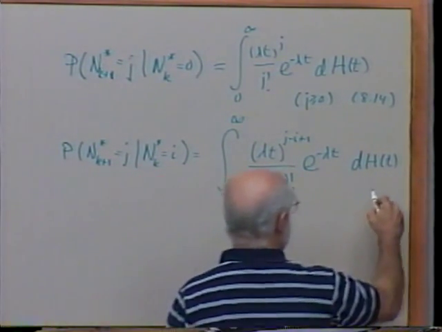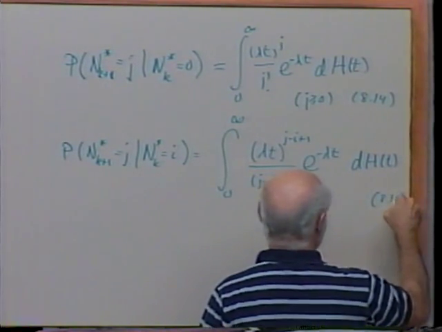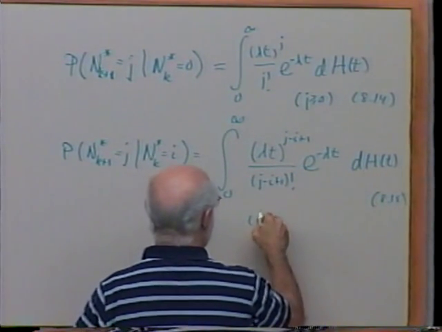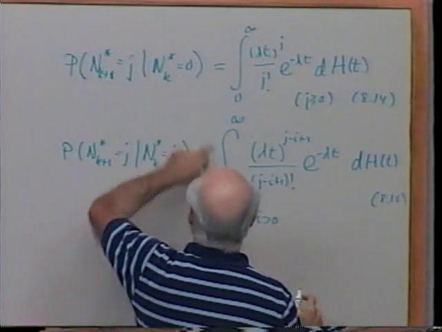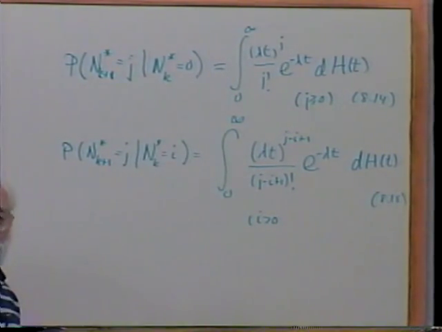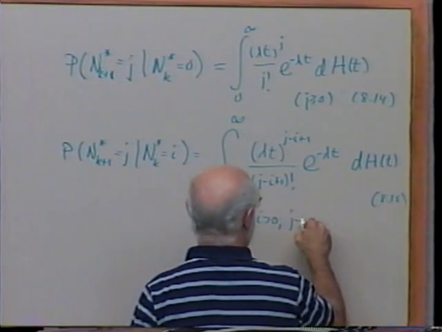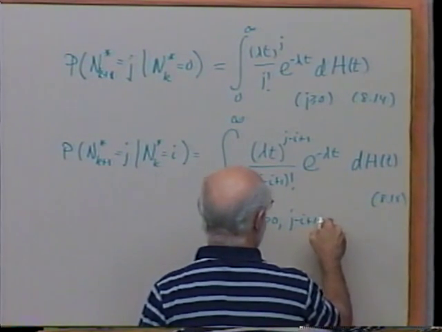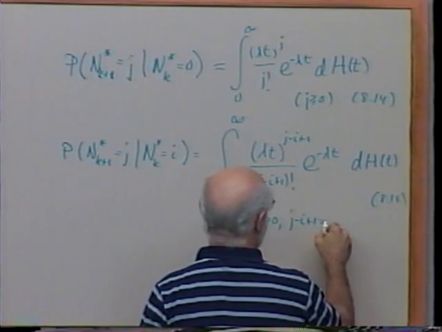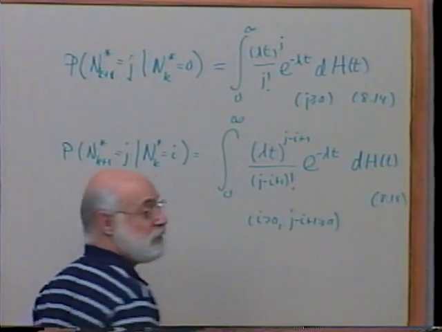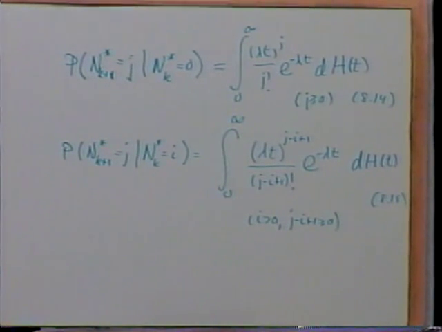Now, this of course assumes that i is greater than 0, because we already took care of the case in which i is equal to 0. And it also assumes that j minus i plus 1 is greater than or equal to 0. Right?